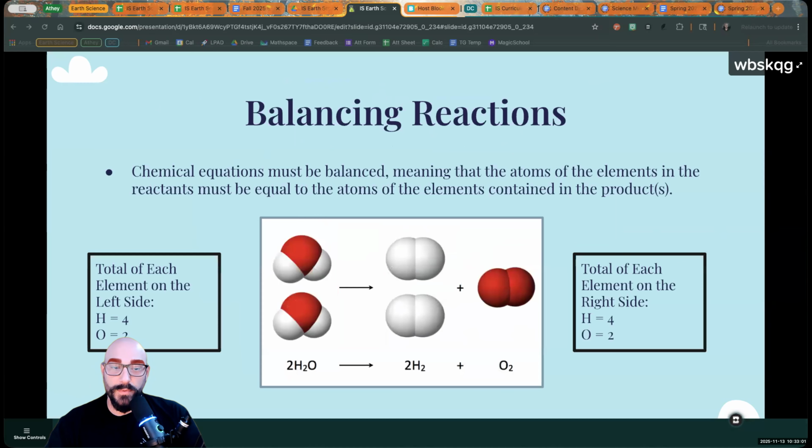Something else we need to know is something called balancing equations or balancing reactions. We call these things chemical equations, okay? And they're equations because the left and the right are equal.